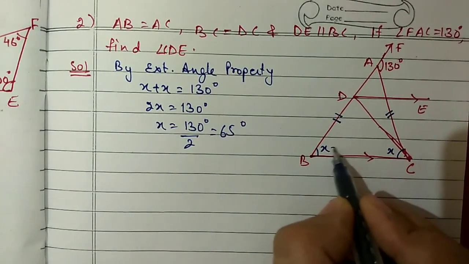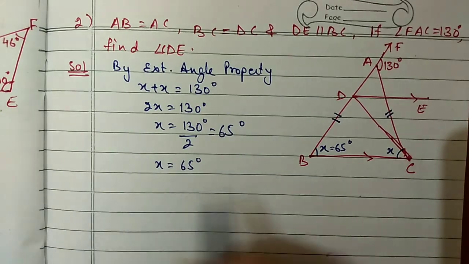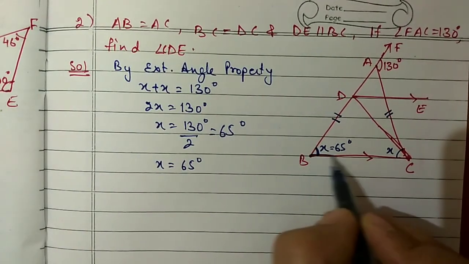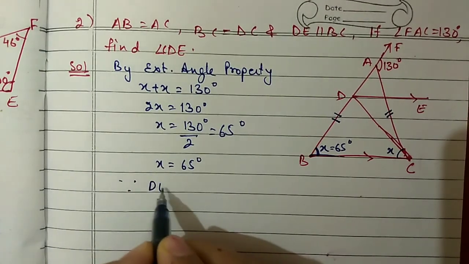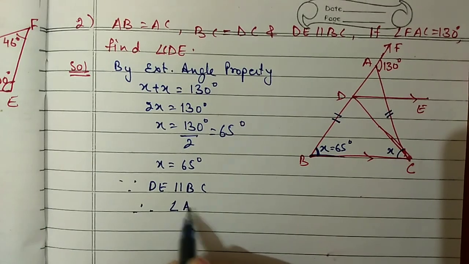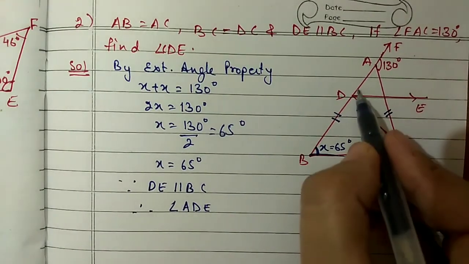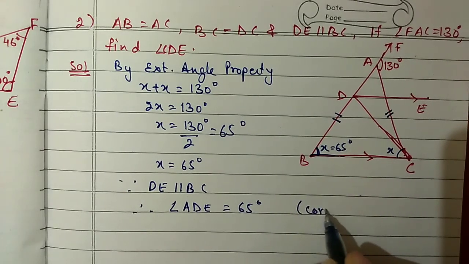So this angle is equal to 65 degree here. We got X 65. Now next, because this line and this line is parallel, because DE is parallel to BC, therefore angle ADE, this angle also will be 65 and reason is here these are corresponding angles.